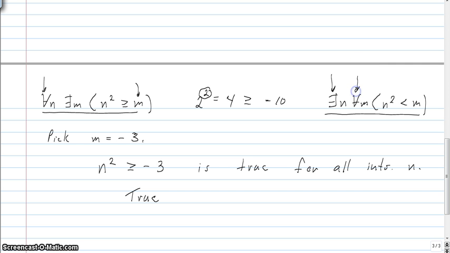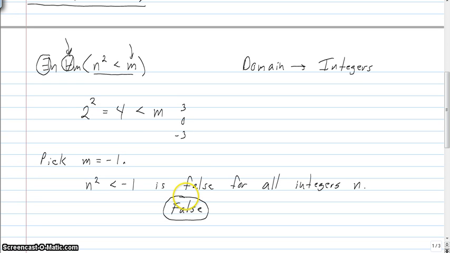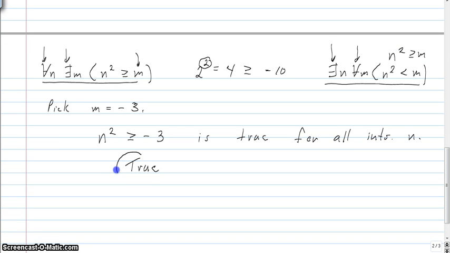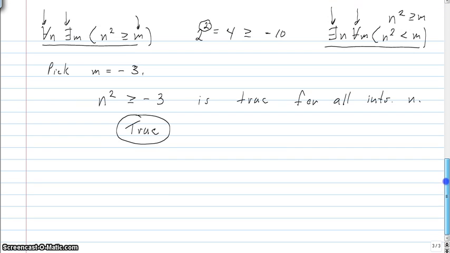If I negate for all, I end up with there exists, and the negation of n squared less than m is n squared greater than or equal to m. So it makes sense that if we have one statement that's false, its negation should be true. So that's nice.